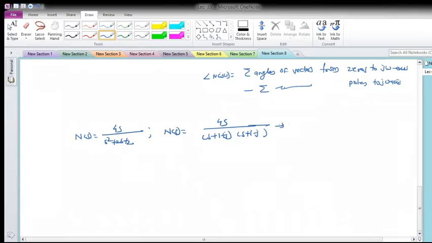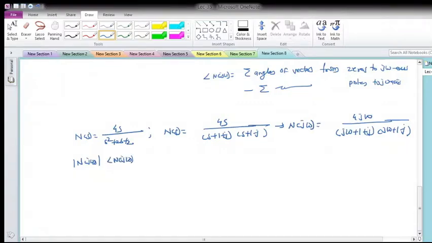Now let me evaluate in the omega domain or frequency domain. I have to write N of j omega equal to 4 j omega divided by (j omega plus 1 plus j)(j omega plus 1 minus j). Now I am supposed to find the magnitude response and phase response of N of j omega.